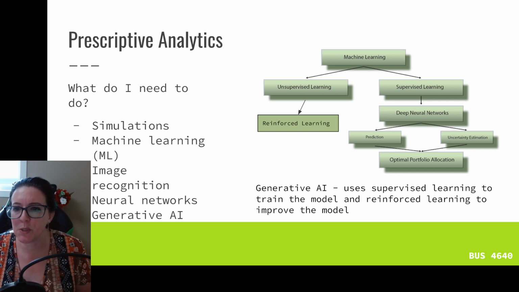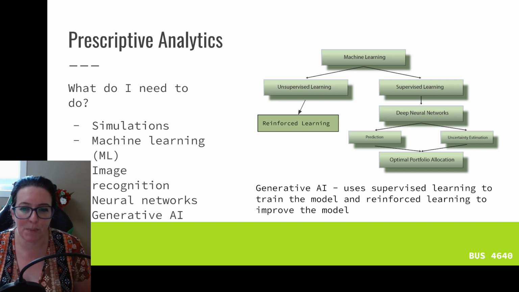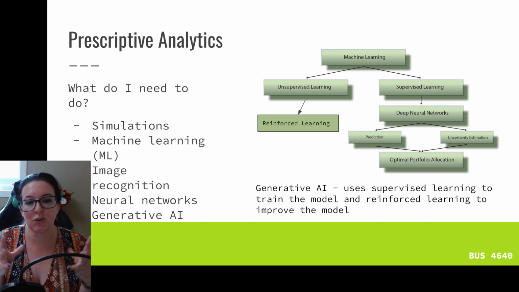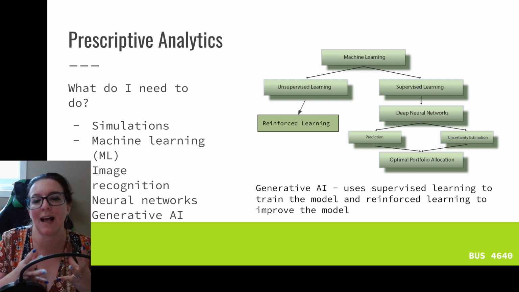So there is a difference between supervised learning, where there's a training set that it builds the algorithm and learns from, so those are classified, and unsupervised learning, where it doesn't have a training set that already has the classification.